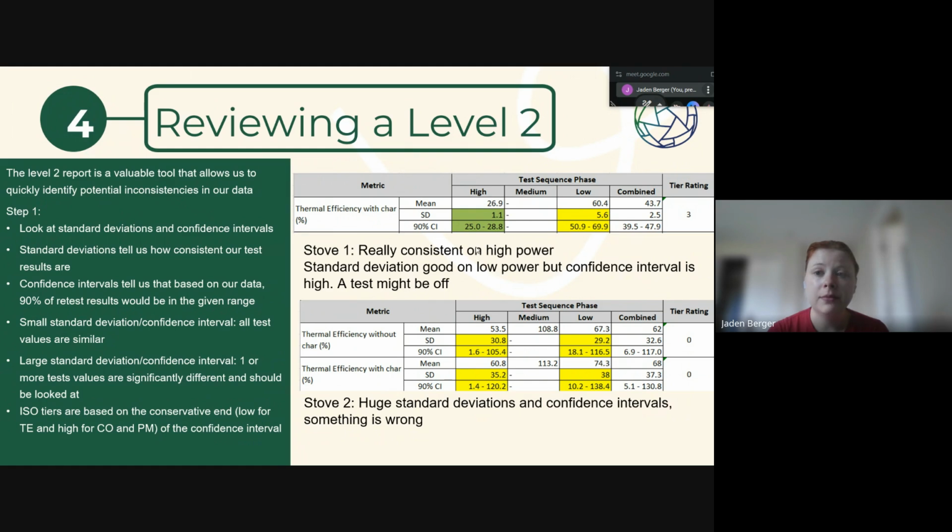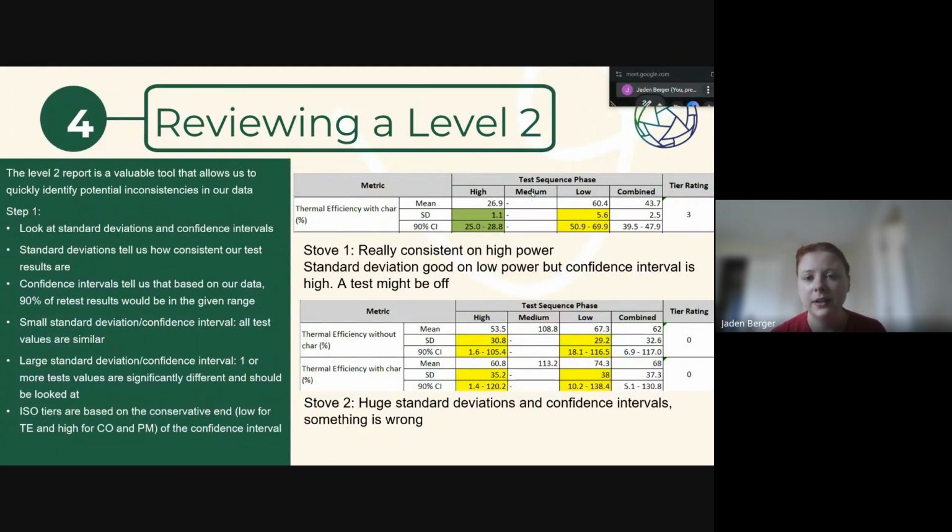So if we have super consistent results, if all of the numbers that we're averaging here are really close to each other, then we're going to have a really small standard deviation, and we're going to have a pretty small confidence interval. So this is really nice. We can see here this green box from this first stove for high power.